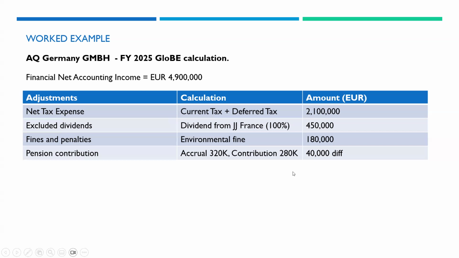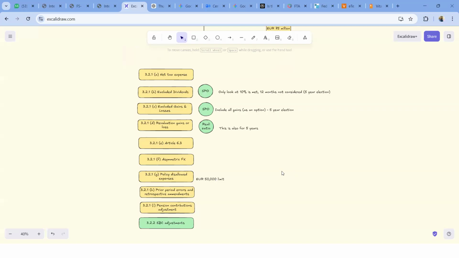So these are just mandatory adjustments, but we have more. But always take care. Remember these 10: 3.2.1a to 3.2.1 I and 3.2.2. Why I'm writing these numbers is because if you write these adjustments along with these numbers, it's extra brownie points.